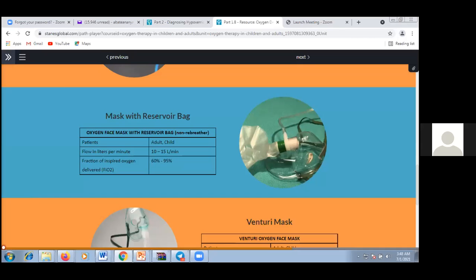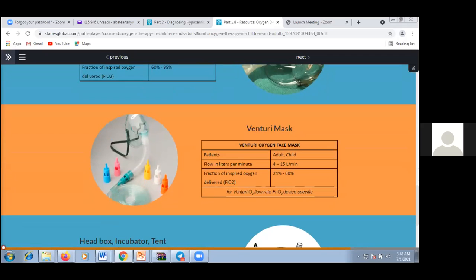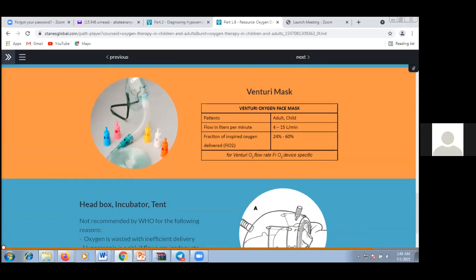Now, something you may not be really familiar with could be the venturi mask. It's not widely available in our setup or in other low and middle income countries. But with some donation and so on, some of you may be able to find it, or you might have already encountered it. The good thing about the venturi mask is you can adjust the inspired oxygen by using different colored connectors from the oxygen source to the mask.